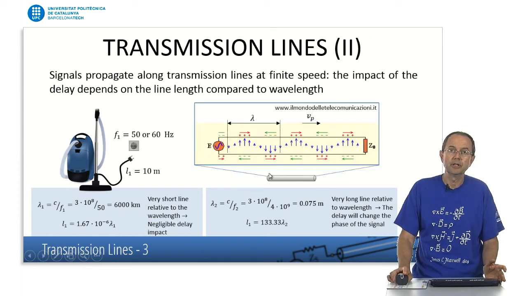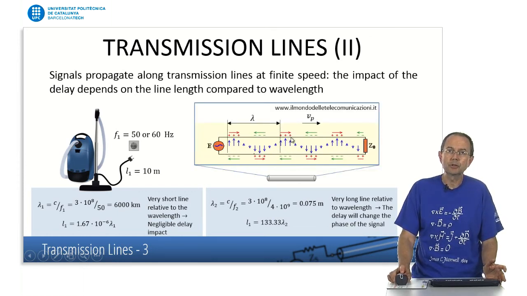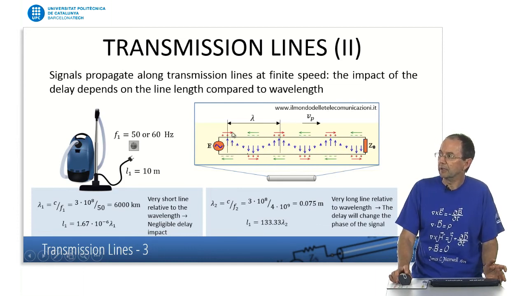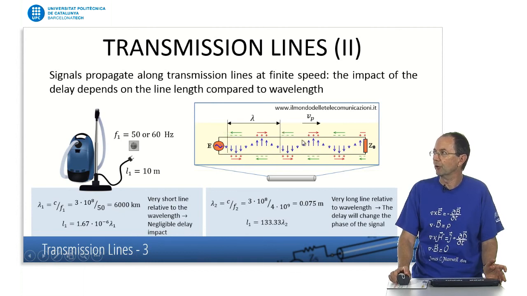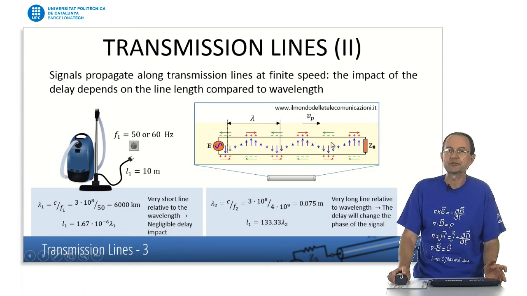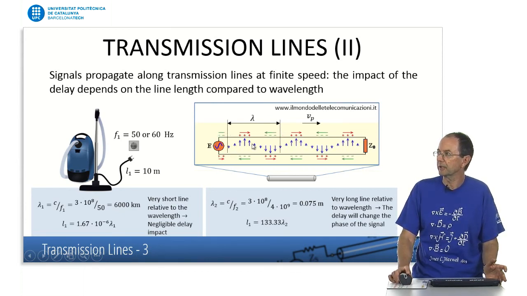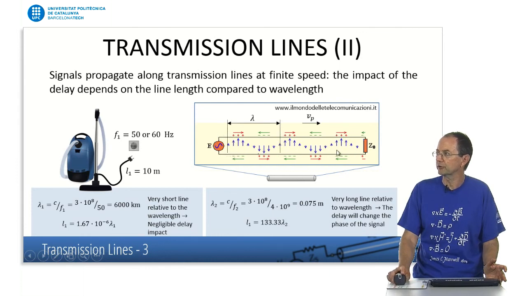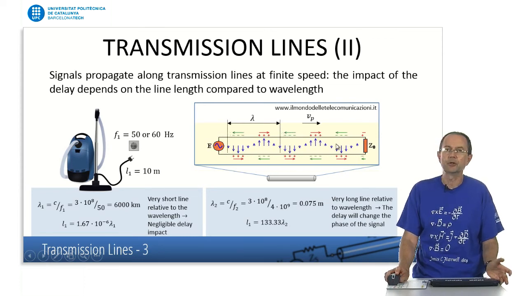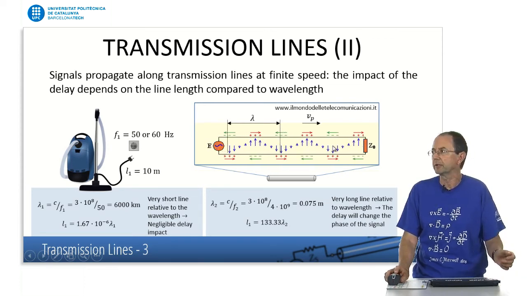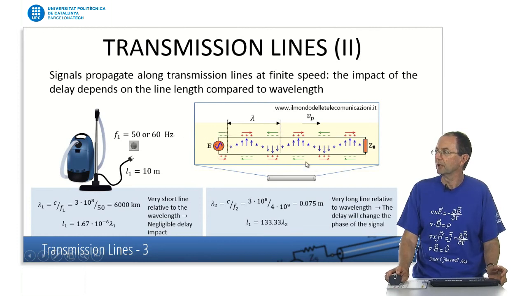If you look at the distribution of the voltage and currents along the line, it is not instantaneous. So you see the delay here. You see how the electrical perturbations on the line induced by this generator propagate along the line and not in a simultaneous way, because of the finite speed of propagation.